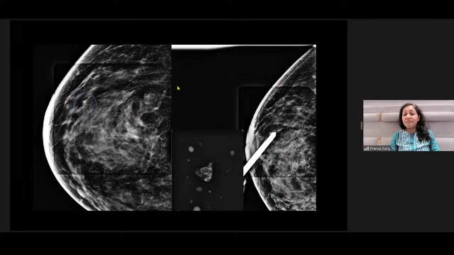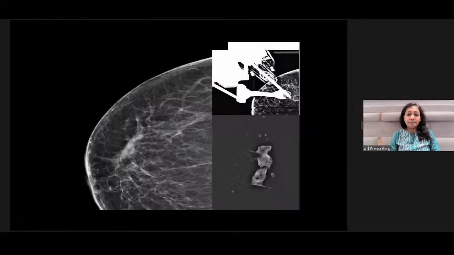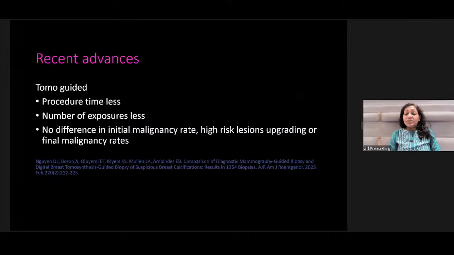So we did a VAB for this lesion. We extracted the specimen mammogram, which shows calcifications, and this turned out to be a DCIS. So yes, we get surprises. Similarly, in another microcalcification-only lesion, a biopsy was done, we see calcification in the specimen mammogram, and this was also DCIS.